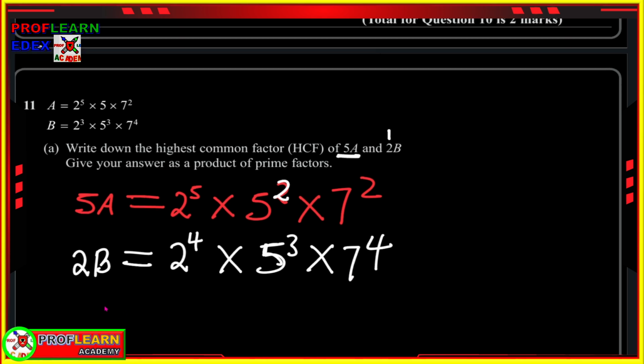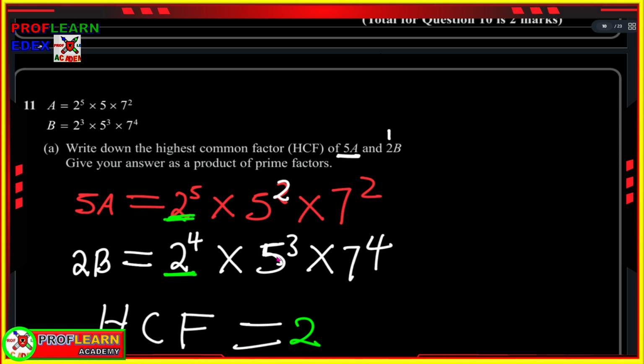So whenever we are going to choose the highest common factor, we must go back to the prime factors that I provided. We check those which are common. 2 is common for both because 2 is appearing here, and 5 is appearing for both, so it will be selected, and 7 is appearing for both, so we have to take it.